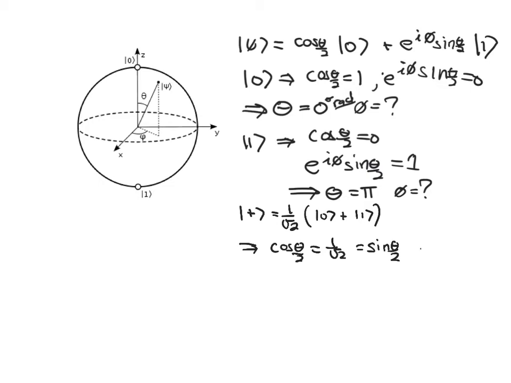And the relative phase here is 0. So e to the i phi has got to equal 1. So that implies that theta has got to equal pi over 2. And in order for e to the i phi to equal 1, it's got to be true that phi is equal to 0 radians.